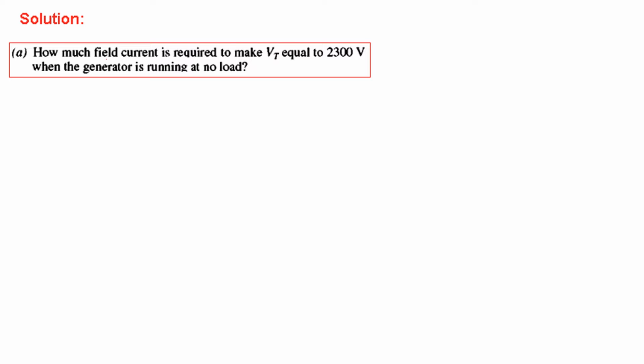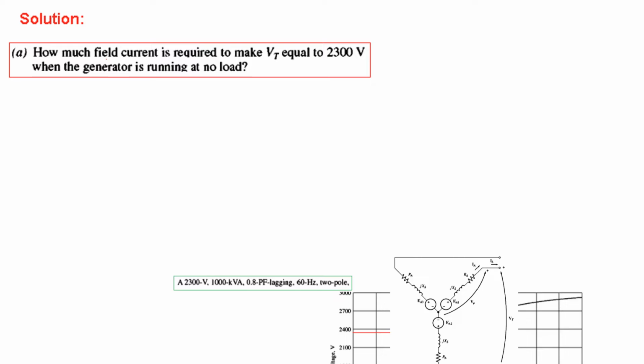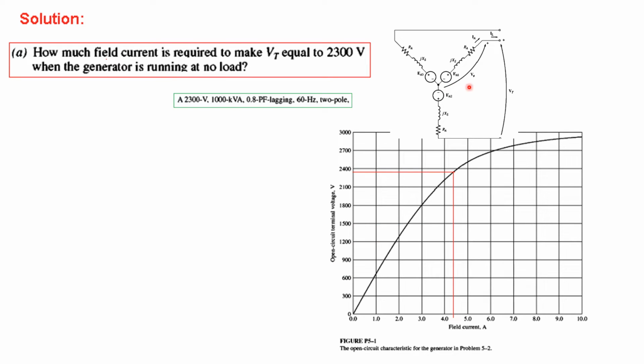Okay, so let's see the first question, part A. How much field current is required to make the terminal voltage Vt equal to 2300 volts when the generator is running at no load? If you recall, this is the three-phase diagram, and this is the open circuit curve.